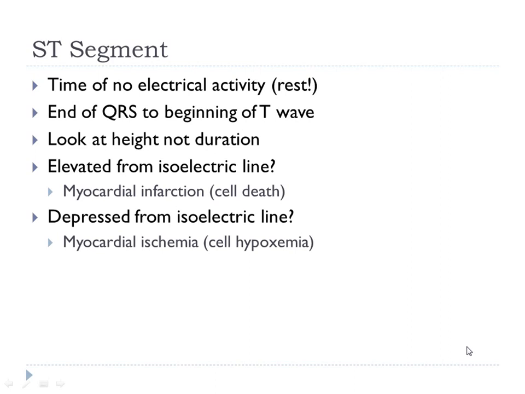People might have chronic ischemia of the heart muscle because they have coronary artery disease. So they might have a depressed ST segment. A person who has had an old MI or an old heart attack might have a depressed ST segment forever. So just keep those things in mind. But the most important thing acutely for us to acknowledge and recognize is an elevated ST segment. Because that patient is potentially in a deadly situation.